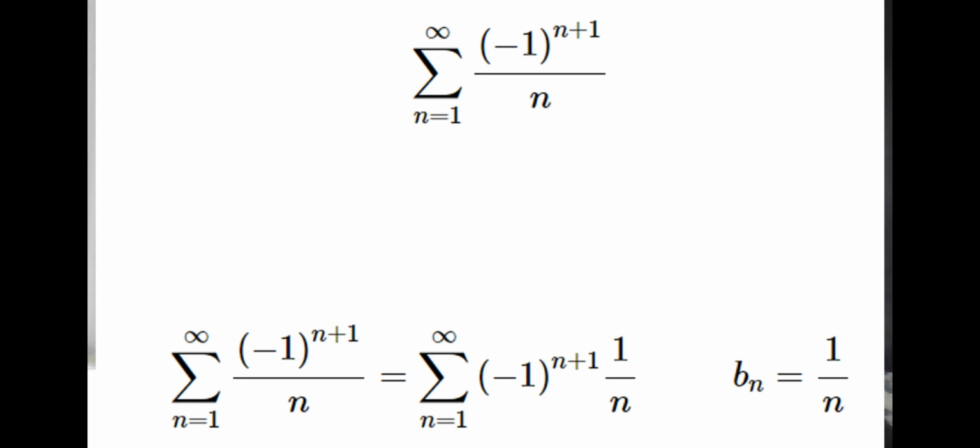In conclusion, since we have proven the conditions for it to be convergent, the series is convergent.